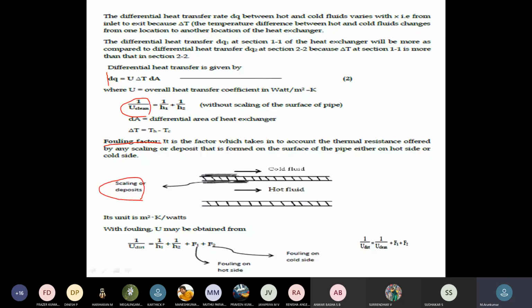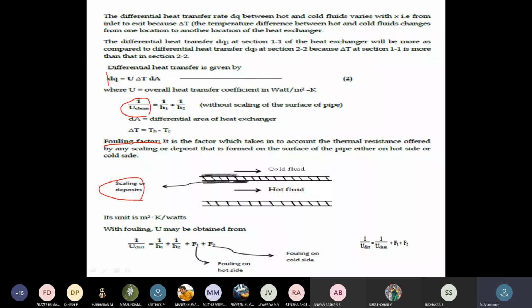So we are using metal pipes in the heat exchanger. So there is a chance of scaling or deposits over the surface. So that will affect the efficiency of the heat exchanger.